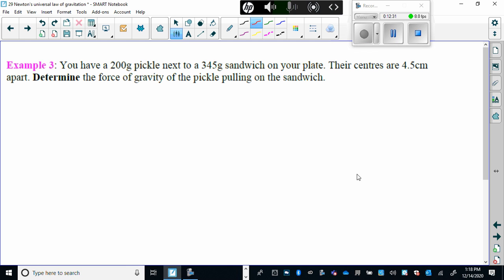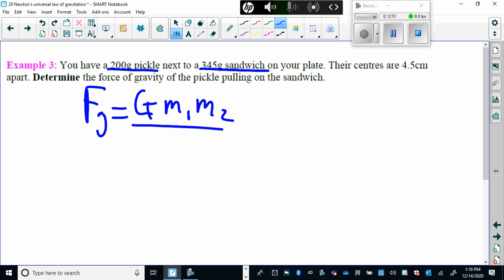Okay, example number 3. I'd say this is a more practical application of it, but not really, because we're just trying to determine the gravitational force between a pickle and a sandwich. It's a straightforward problem. Both masses are given. Just plug them into the formula.